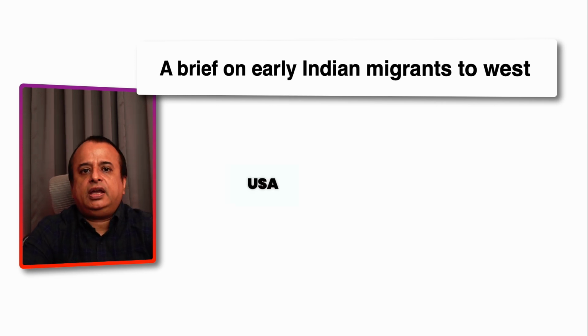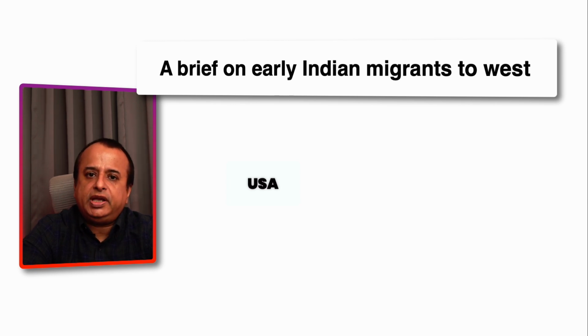The USA is a country where a lot of Indians migrated for higher studies in the 70s and 80s. These were mostly good students who went for STEM and medicine courses. Over a period of time after graduating, they joined jobs there because America, as we discussed earlier, was growing.